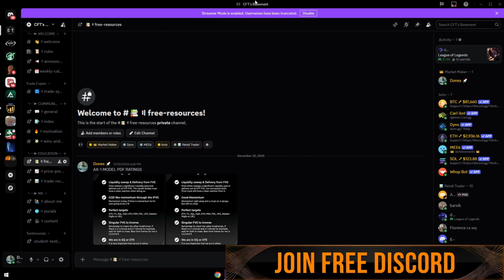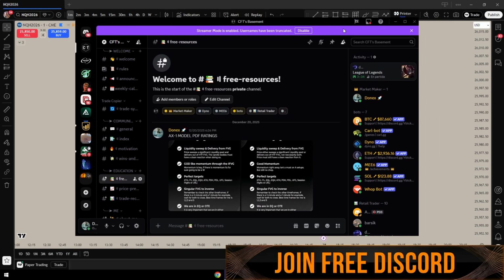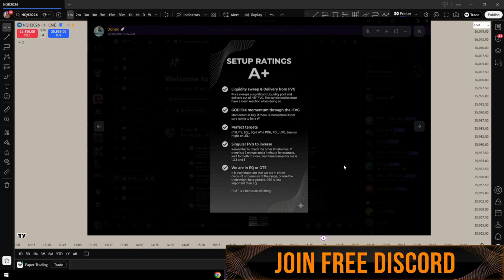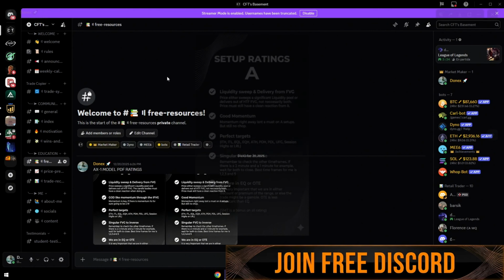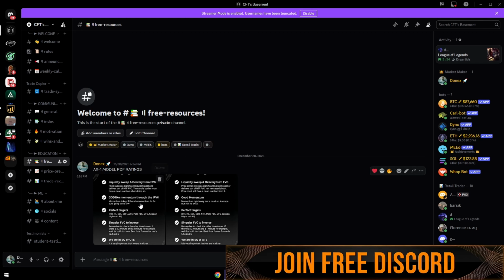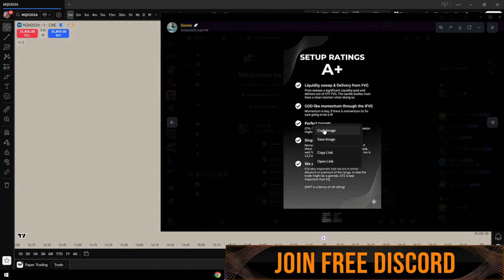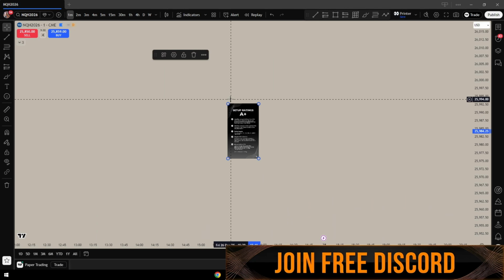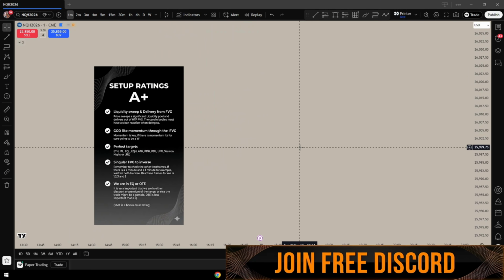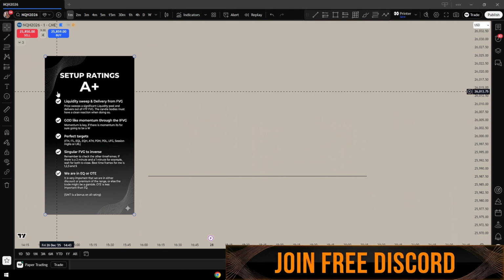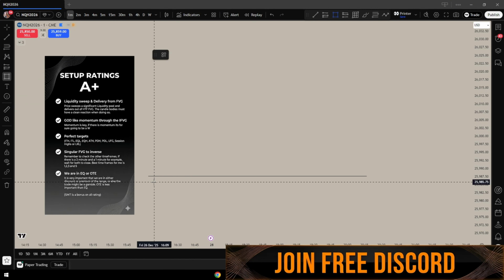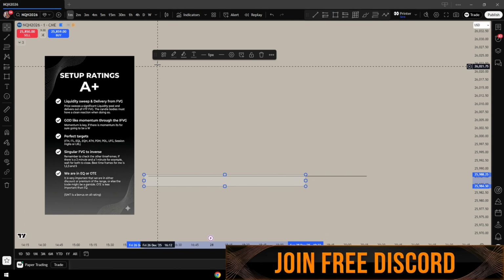First of all, I would like to pull up this right here. I made this model rating right here, as you can see. This is what an A+ setup would be for me, and this is what an A setup would be for me. So if you just go over this real quick. For us to have an A+ setup, we need some kind of liquidity sweep, and we need delivery from a higher time frame fair value gap.